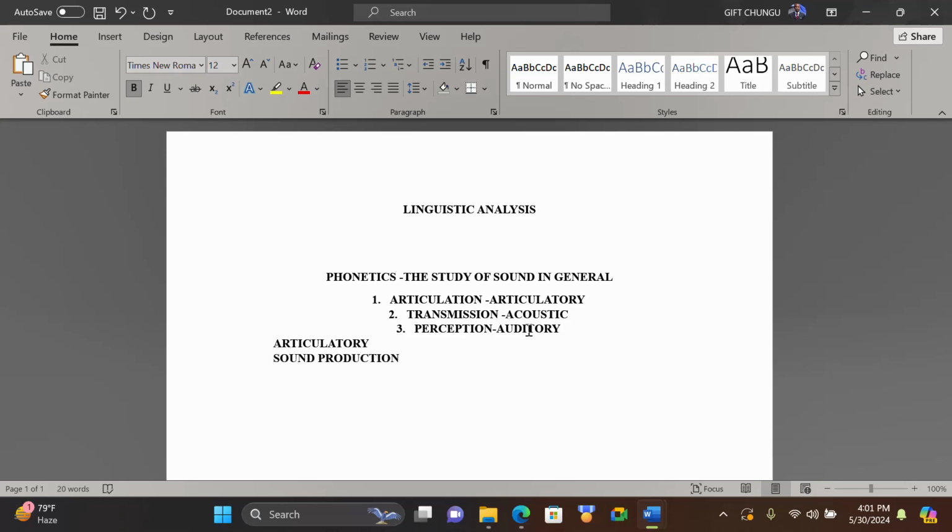That is why we have what we call the IPA. The IPA is the International Phonetic Alphabet that looks at how each and every sound is supposed to be produced or is supposed to come out.